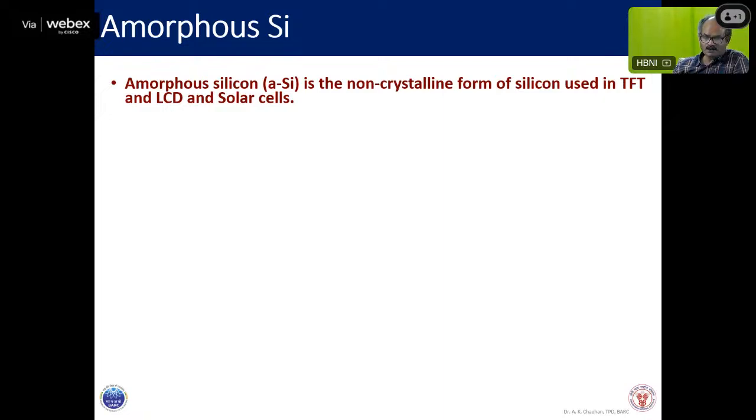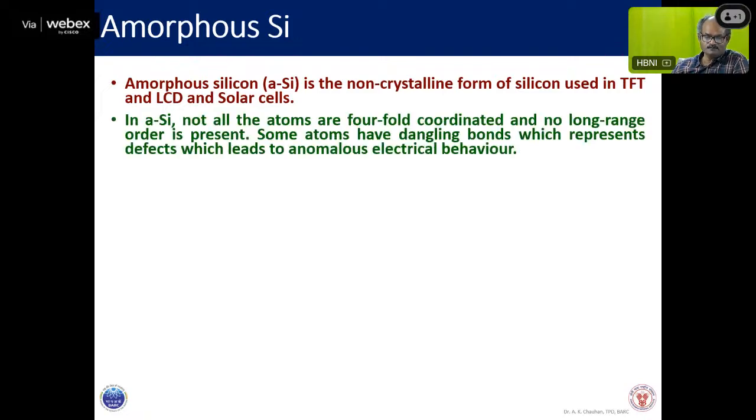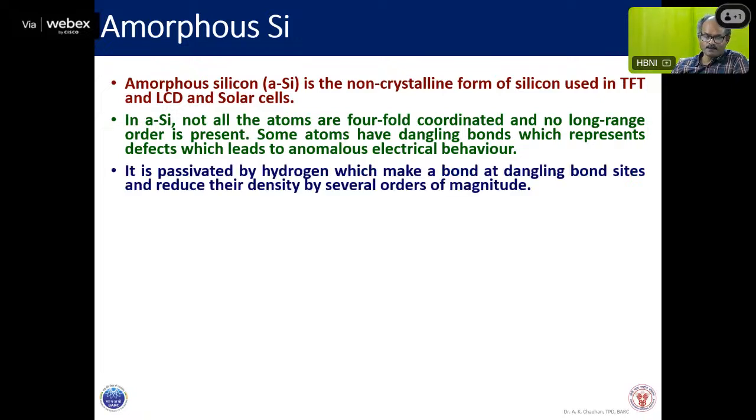Amorphous silicon is the non-crystalline form of silicon used in TFT, LCD and solar cells. In amorphous silicon, not all the atoms are four-fold coordinated, and no long range order is present. Some atoms have dangling bonds, which represent defects, which lead to anomalous electrical behavior.